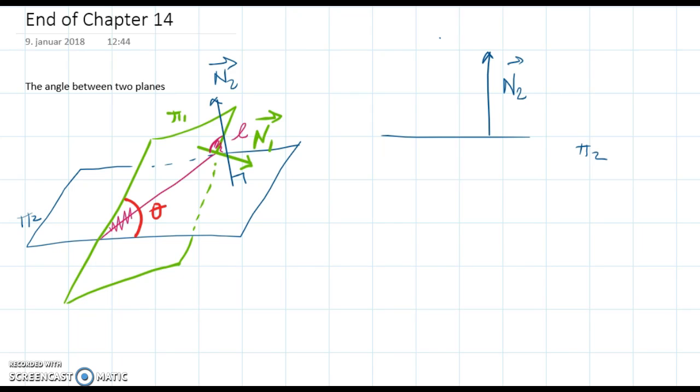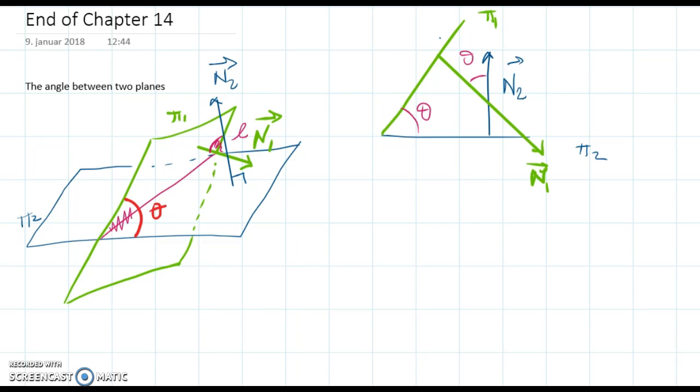And we also see the side of the plane pi1 and the vector n1 with green over here. So we want to see that this red angle here, theta, is actually the same as we see over here.